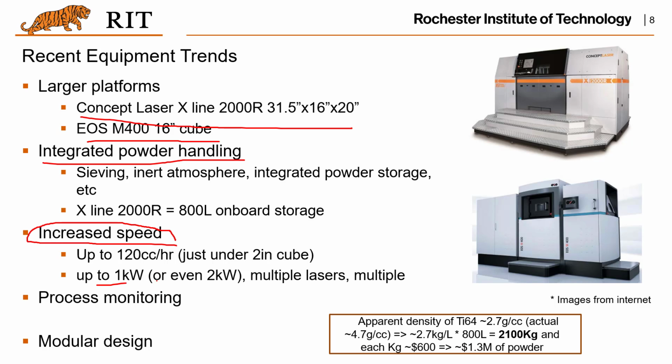Also, the power used in the process is pretty high to make sure the metal can be melted and fused. But for the building volume, if we use titanium material like Ti 64 alloys and want to fill the whole tank of this machine, it turns out it requires 1.3 million just for the powder.